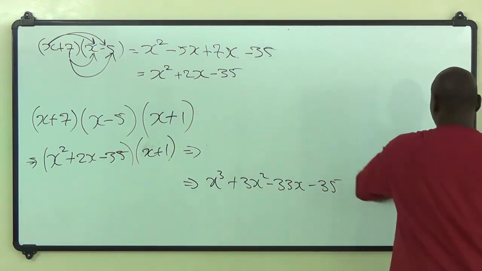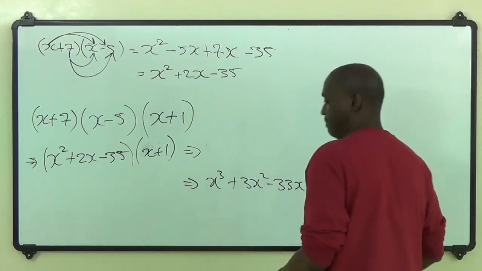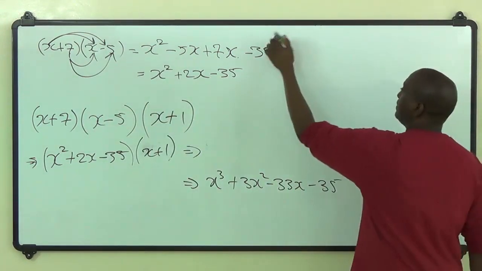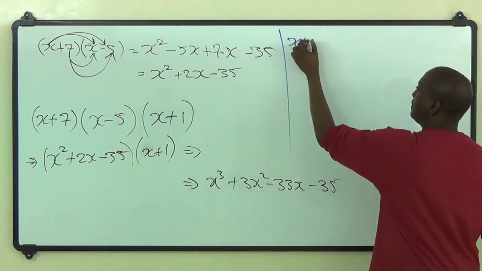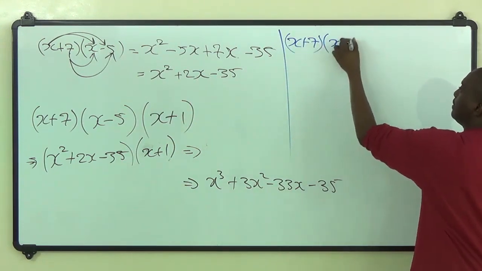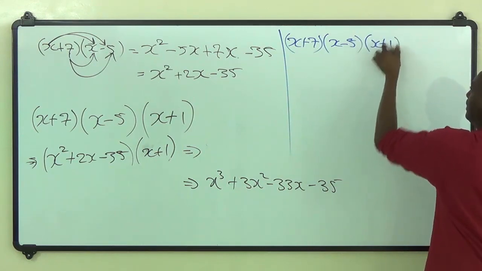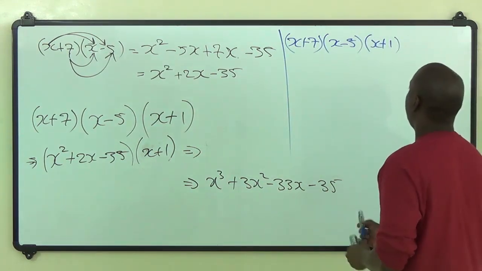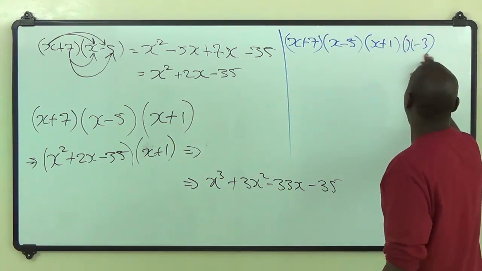All right? So if we want to be extra difficult and say x plus 7 by x minus 5 by x plus 1 by, let us say, x minus 3.